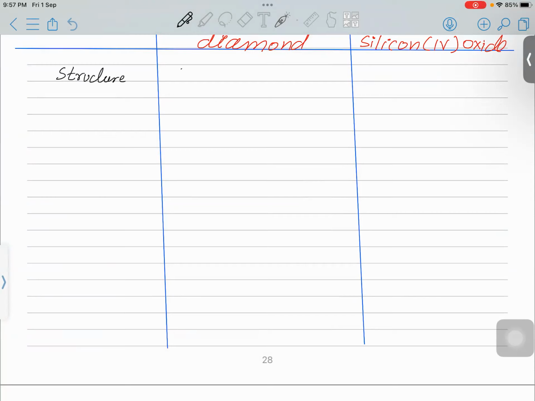So diamond is a tetrahedral structure. Similarly, silicon 4 oxide is tetrahedral.